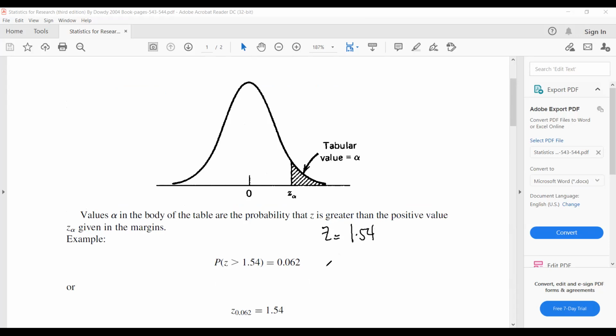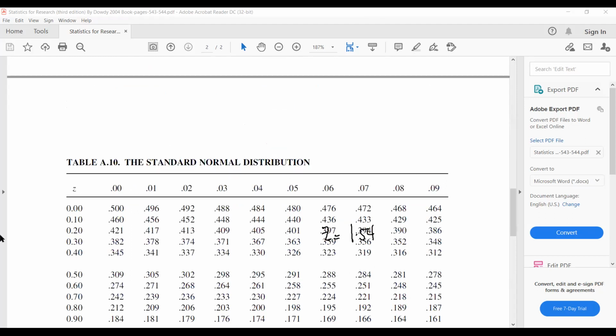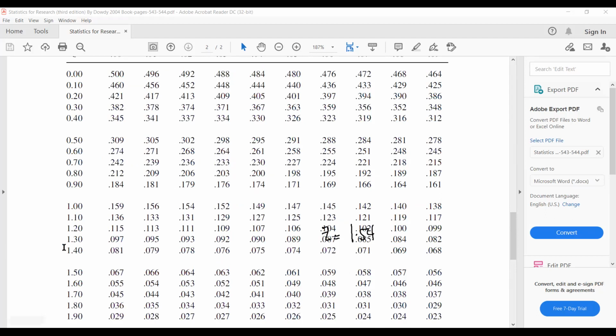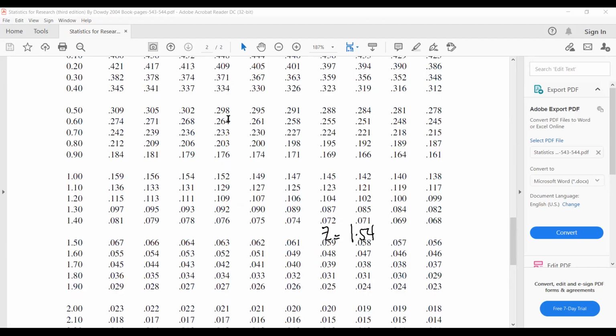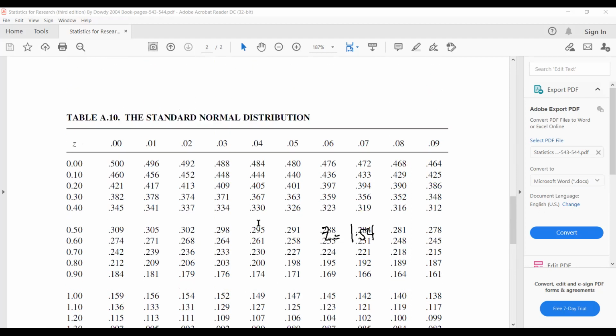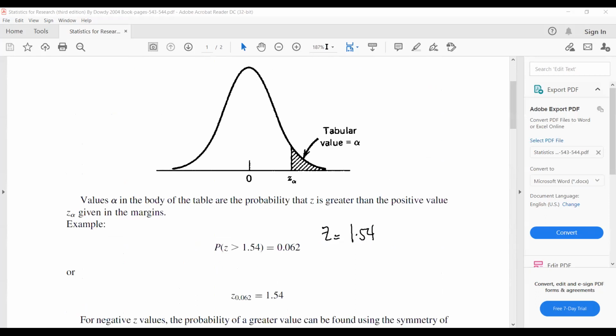Sa table, nung chinek natin, ang value ng 1.54 natin sa table is 0.062. So yung nakuha natin na 0.062 sa bell curve, ito lang yung portion na yun.